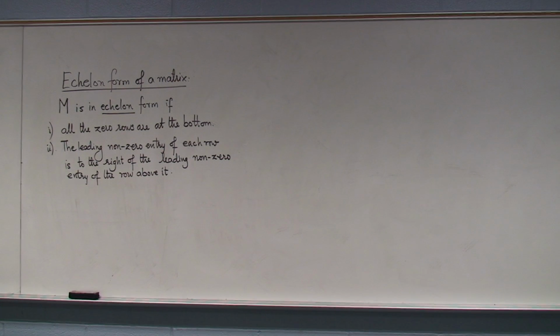So if a matrix satisfies these conditions, then we will say that matrix is in the echelon form. Otherwise, it is not in the echelon form.